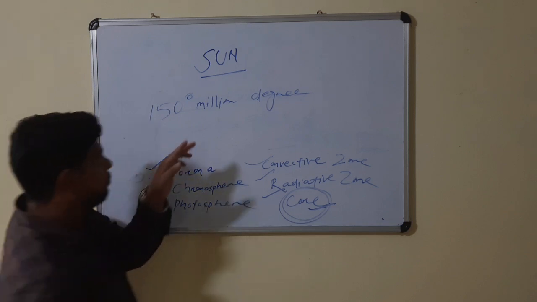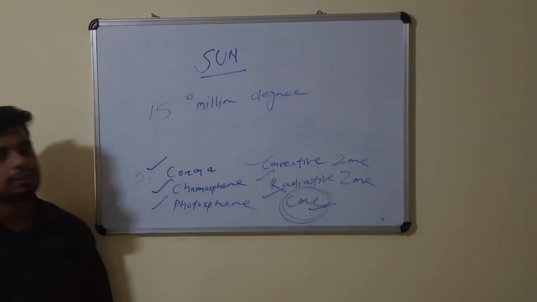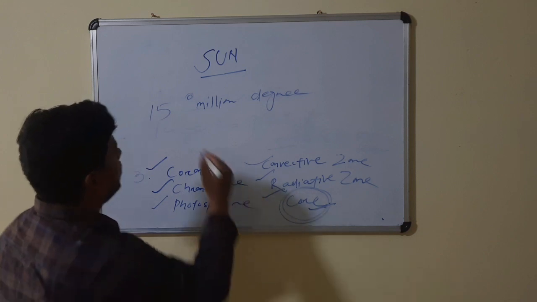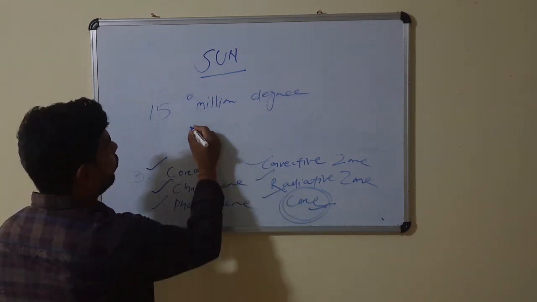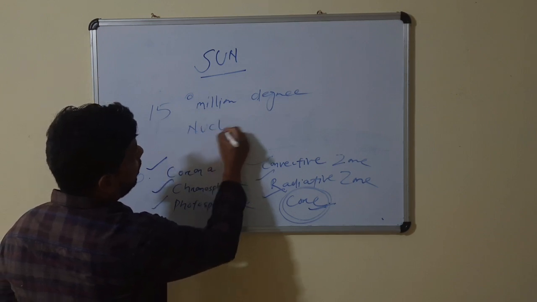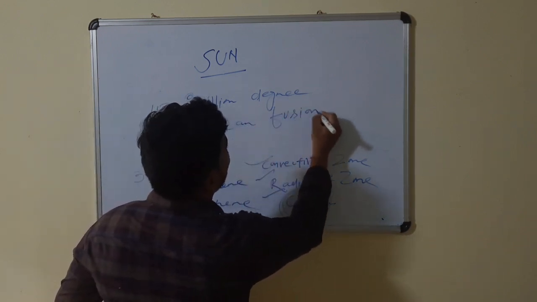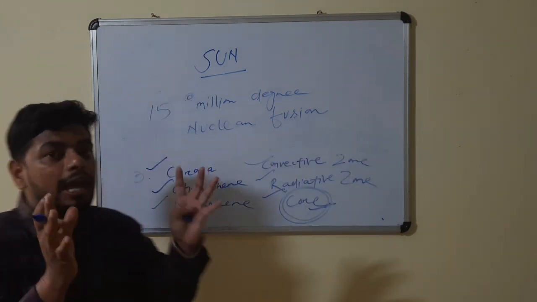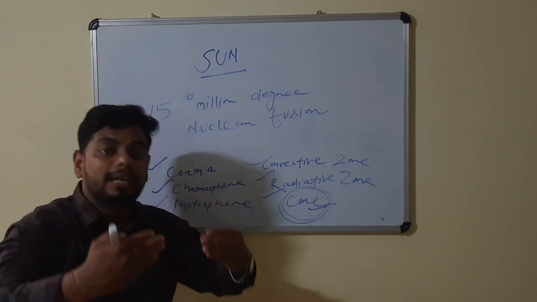It is not 150, it is 15 million degrees Celsius. The chemical reactions at the core are called nuclear fusion. Hydrogen fuses with one another and forms helium.